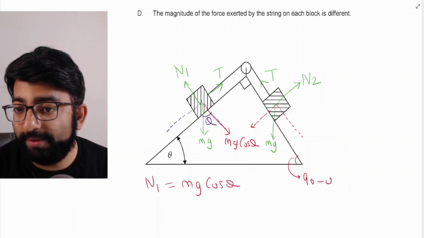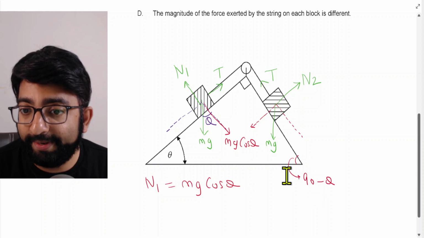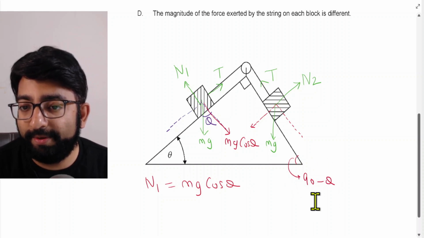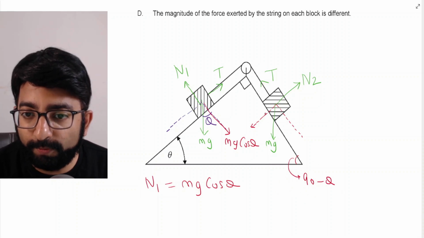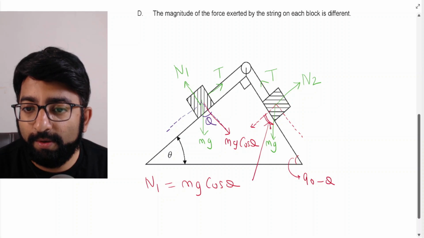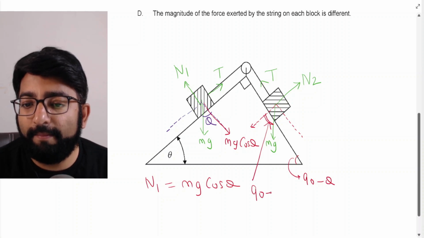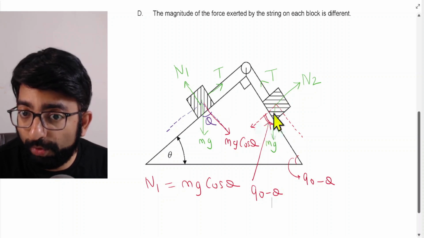And how is it 90 minus theta? Since the sum of all three angles in a triangle is 180, that's why this is 90 minus theta. So if this is 90 minus theta, that would mean this particular angle, which I have highlighted here, will also be 90 minus theta. And now we can figure out the component of mg which is going in this way.